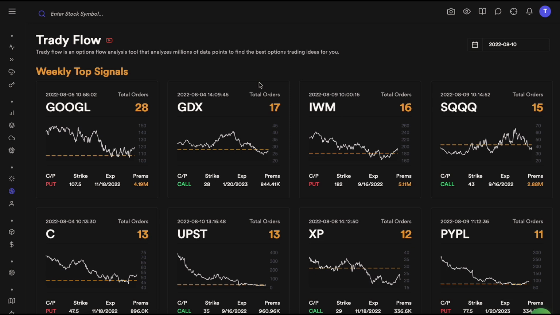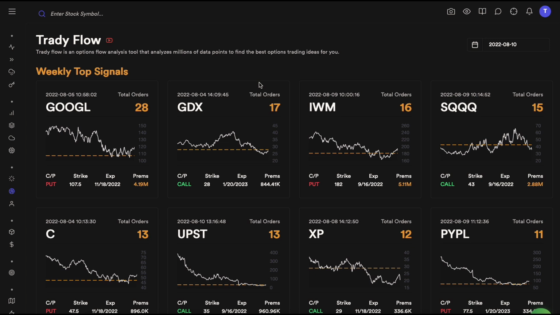If you're seeing one big order that's just from one person, that is not as meaningful as seeing the same contract where the sum of premiums is very large, but that same contract is being traded by multiple people. That's what we mean by repeat flow.